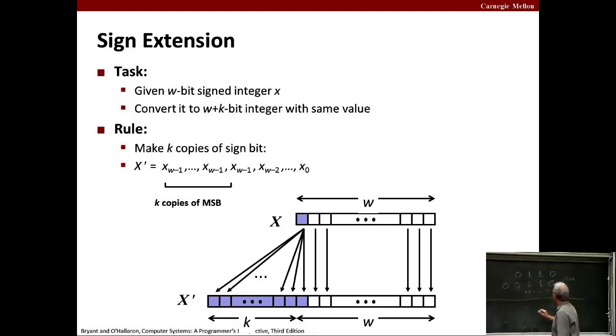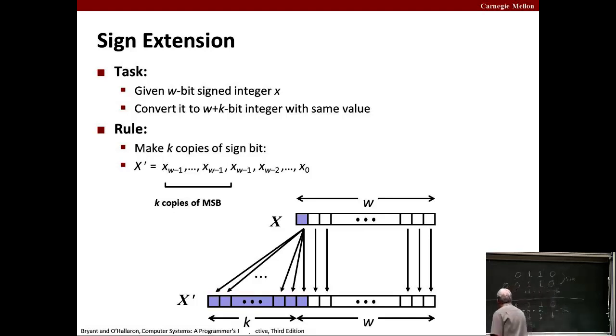But now let's think about it as where there's a leading sign bit. So this is minus 8 plus 4 plus 2, which is equal to minus 2. So now look at what happens if I copy that sign bit over one position.